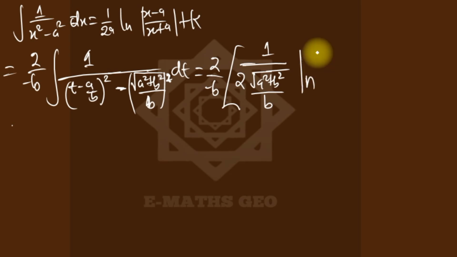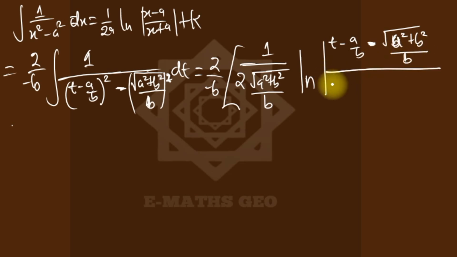ln of t minus a over b minus the square root of a squared plus b squared over b, over t minus a over b plus the square root of a squared plus b squared over b, plus k.